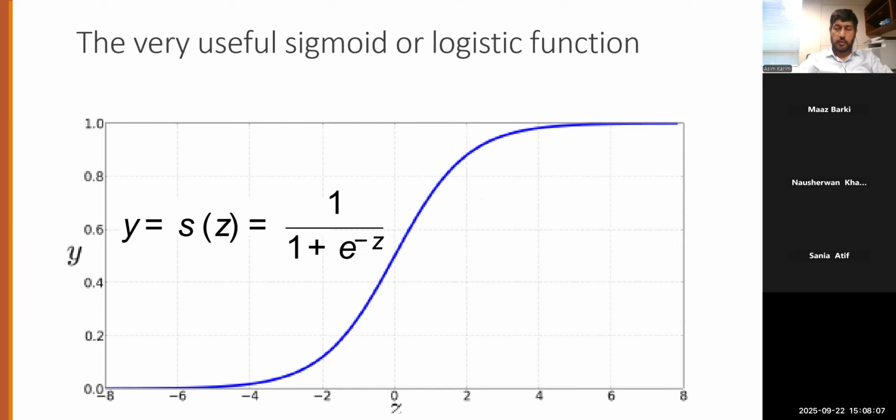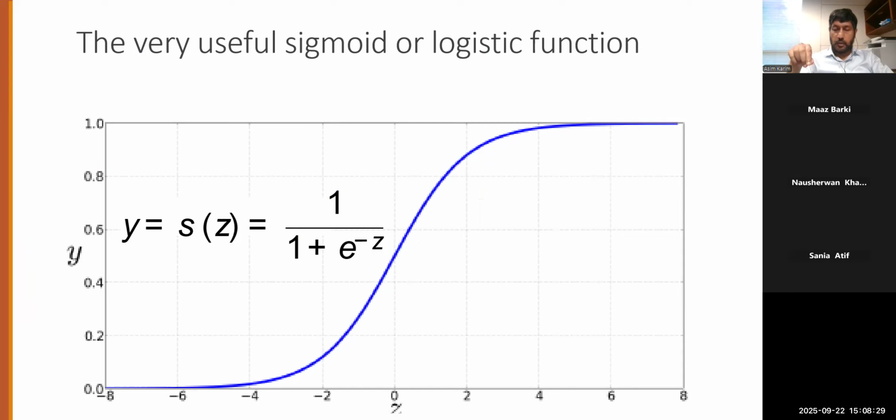This is like an S function. On the x-axis, we have z, which is, as I said, a scalar. It's a real value number, just like y that we said earlier, but now I've changed it to z. और y पे आपके पास output of the sigmoid function. So output of sigmoid function, as you can see, is now squashed between 0 and 1.